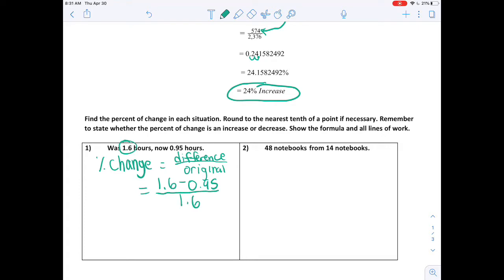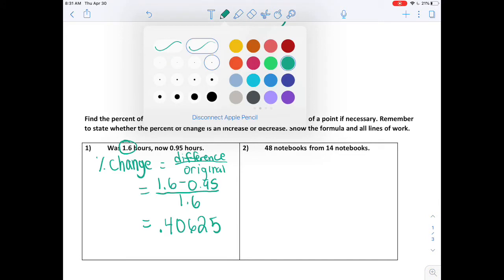The original was the 1.6. So I'm going to do that in my calculator. Remember to use the fraction button in your calculator, hit alpha y equals, and you could do 1.6 minus 0.95 on the top, and then 1.6 in your denominator, and you should get 0.40625. You must use the fraction button though. You have to input it into the calculator exactly how you see it here.